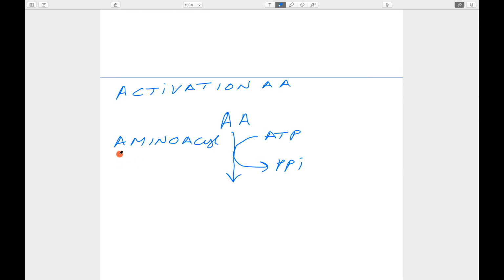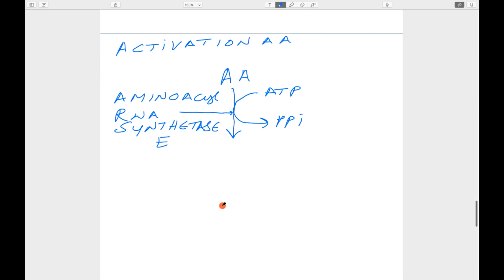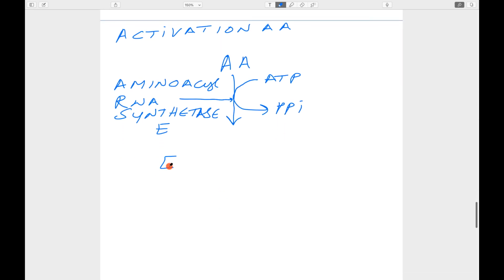In the presence of amino acyl tRNA synthetase, the synthetase enzyme, which uses the energy, what is the intermediate? The intermediate is enzyme-AMP-amino acid, after removal of the two phosphates.